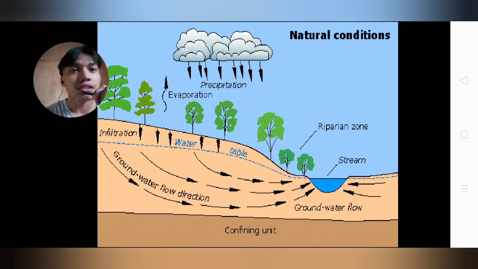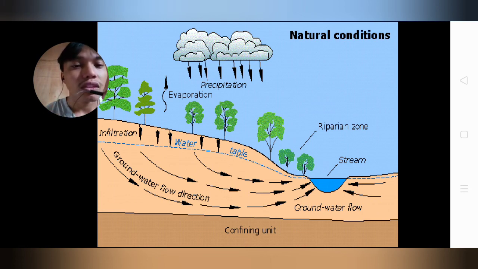So, as you can see here in the image, once the precipitation occurs, the water will infiltrate into the ground, which becomes groundwater. When the groundwater reaches the water table, where the ground is saturated, the groundwater flows in a direction vertically or horizontally.